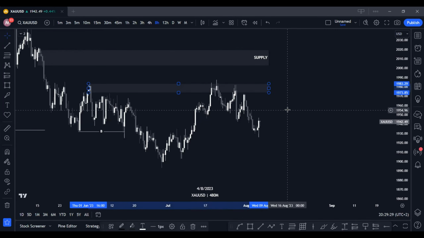Whenever price spikes out your supply area, it doesn't mean that your supply area is invalid. If price closes above your supply area, that means your supply area has been invalidated.